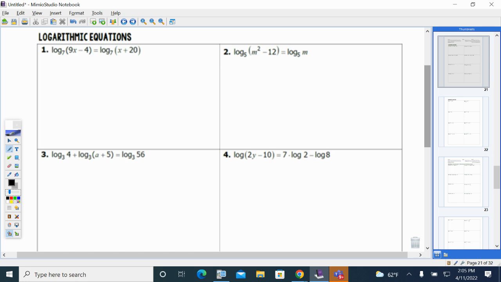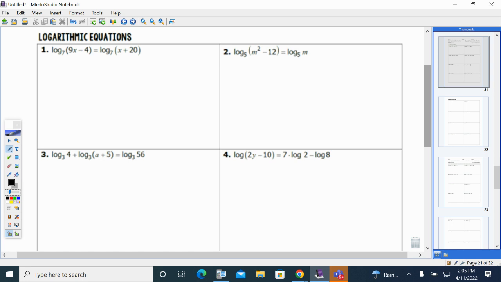But you have to make sure you have one log equals one log. So number 1 and number 2 are good, but number 3 has too many logs and number 4 has too many logs. So we would have to condense before we can drop. Make sure that you've got that. You have to make sure that you have one log on the left equals one log on the right before you drop your logs and solve the resulting equations.